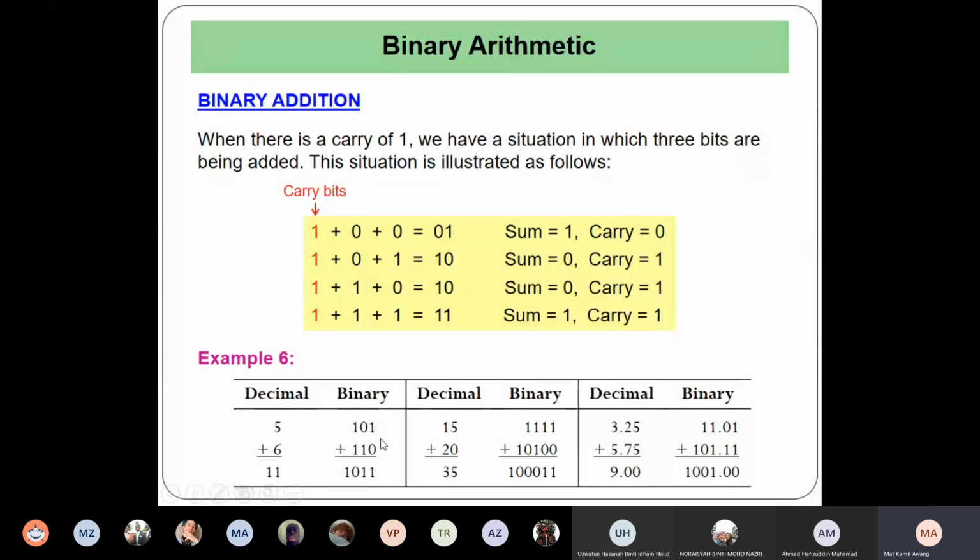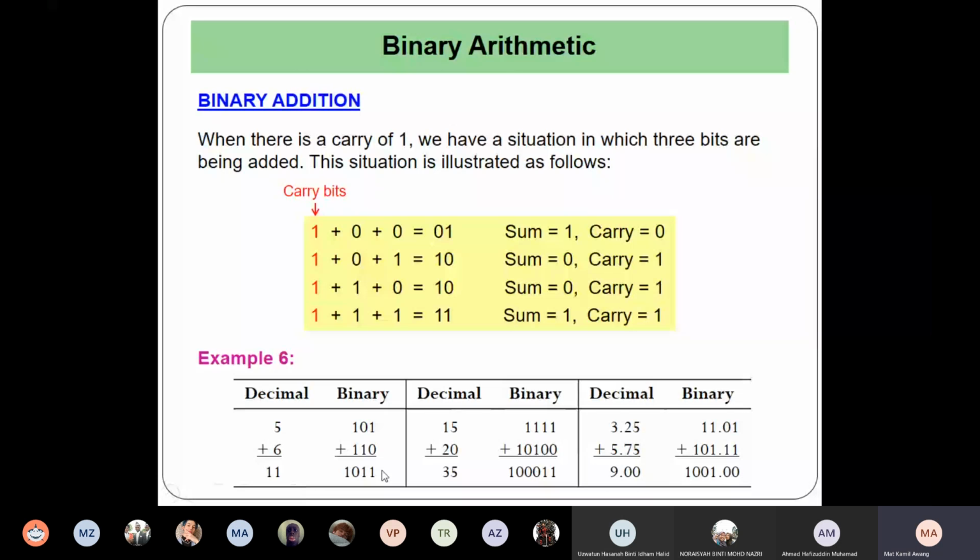So how do you add this? 0 add 0, 1 add 0 is 1, no carry. 0 add 1 is 1, no carry. 1 add 1 is 1, 0. The sum is 0, the carry is 1. So the answer is 1, 0, 1, 1. Easy, right?